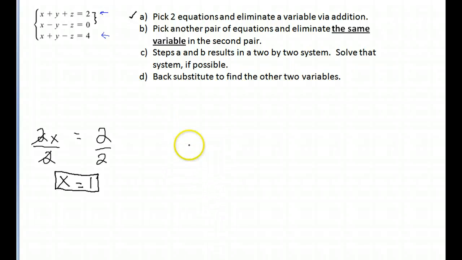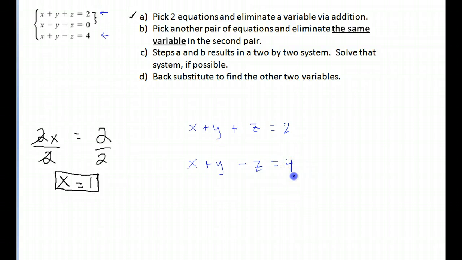So over here I'm going to write x plus y plus z equals 2, and x plus y minus z equals 4. Now when I add these together, this z and this z cancel, and we get 2x plus 2y is equal to 4 and 2 adds to 6.